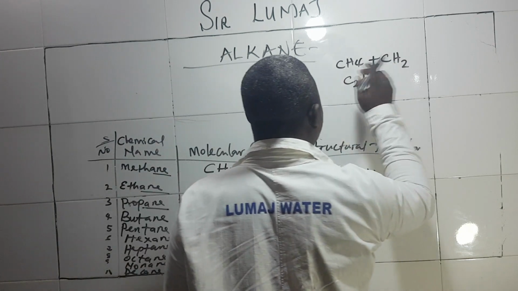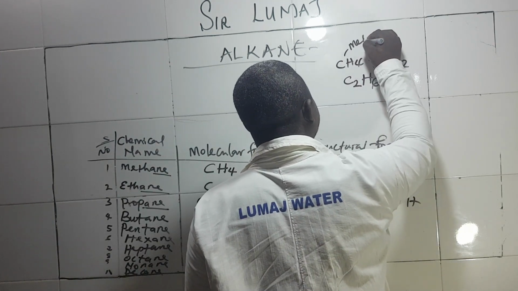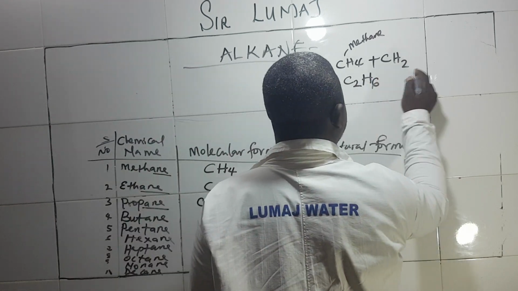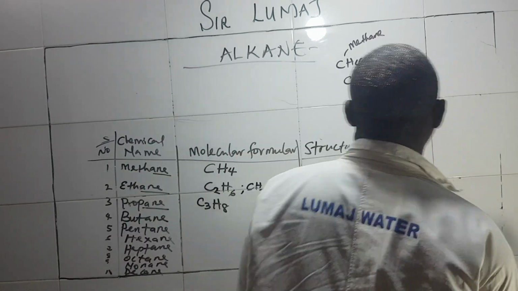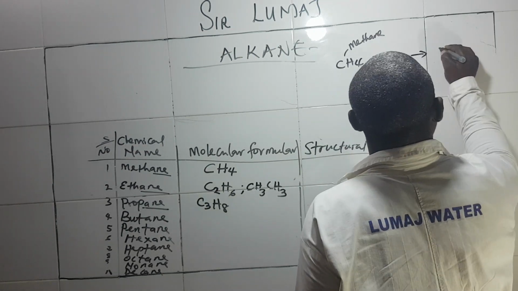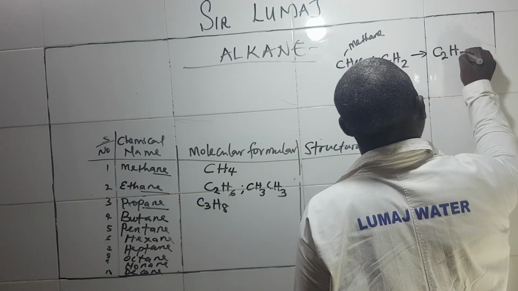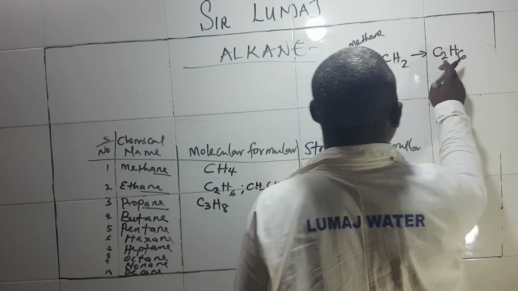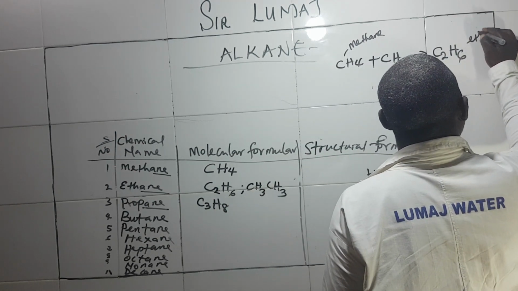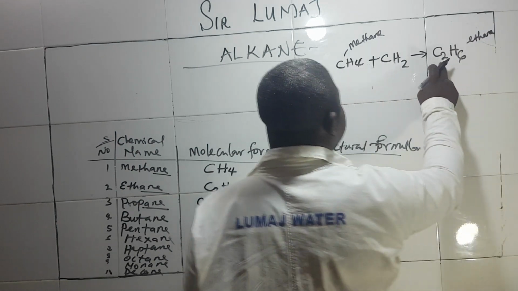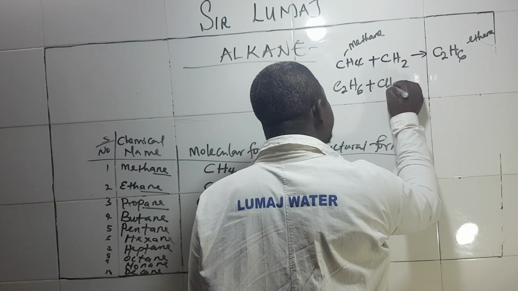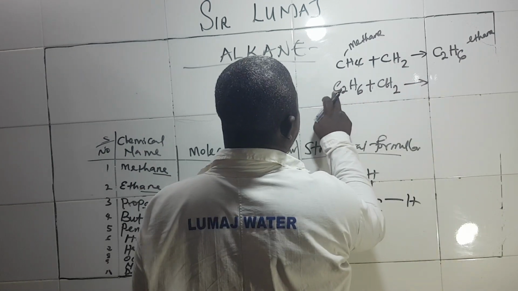So, this is methane. What have we gotten? Let me put it this way so that it can be clearer. You have this to be C2H6. This one is ethane. If you now add C2H6 plus another CH2, what do you have?